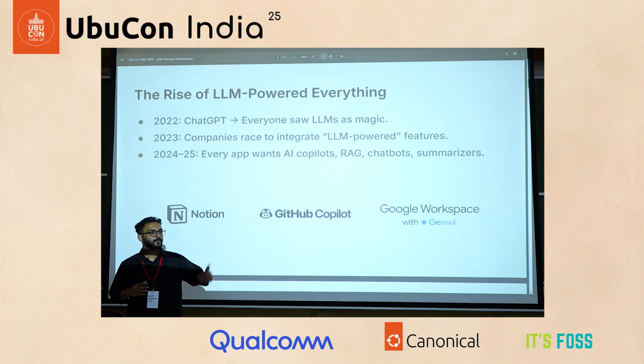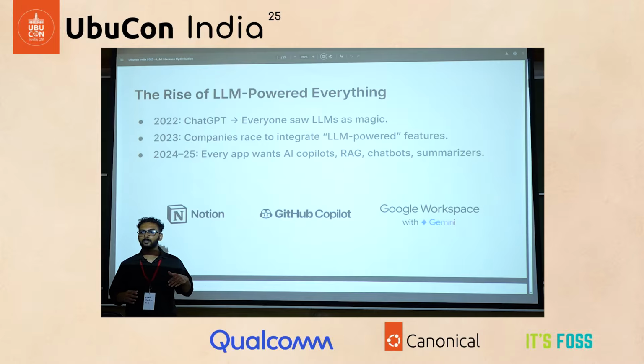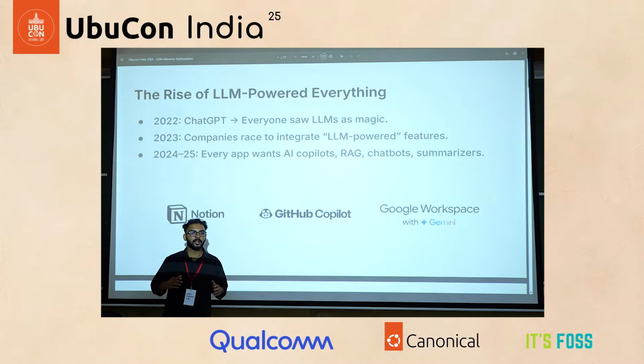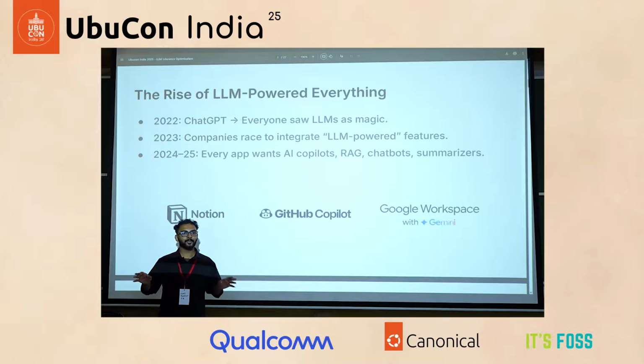Inspired by that, startups and enterprises have been trying to integrate LLM-powered features into the products they already own. Soon the entire technology landscape and economy changed with LLMs. Whatever tool you see, it's powered by LLMs now, right? In 2025, you could see that every product is now an AI copilot.